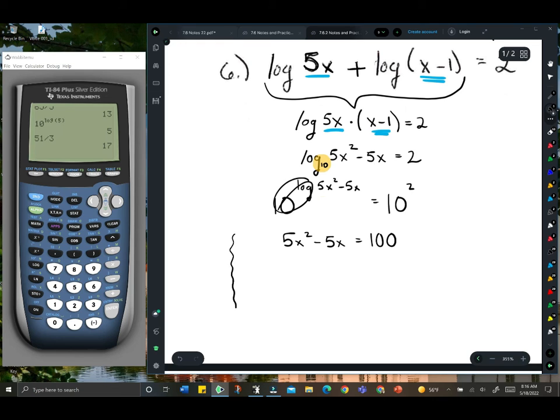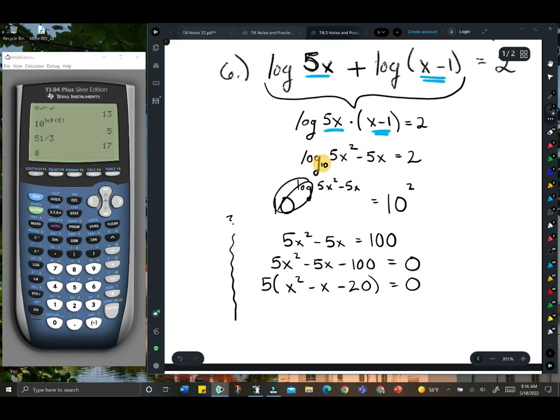And here's where our old school solving comes into play. Do you remember how to solve this? Do you remember doing something like this? It's okay if you don't. Remember, set it equal to 0. Then we could take out a greatest common factor, which is 5. So 5x squared minus x minus 20 equals 0.